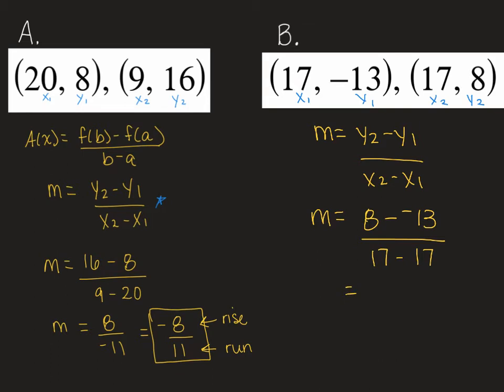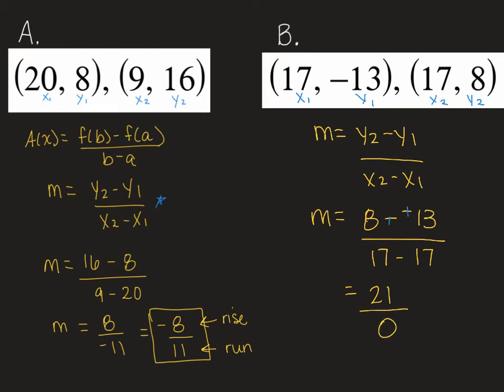So this actually ends up becoming 8 plus 13. Add a line, change a sign, whatever fun phrase you've learned in the past. Negative minus a negative becomes positive. So 8 and 13, we get 21 over 0.